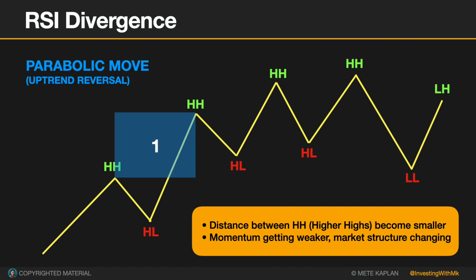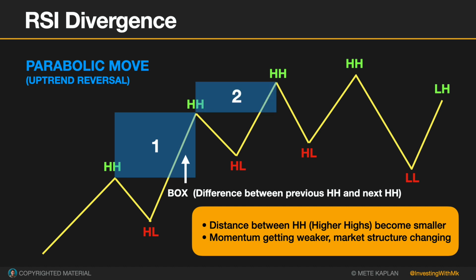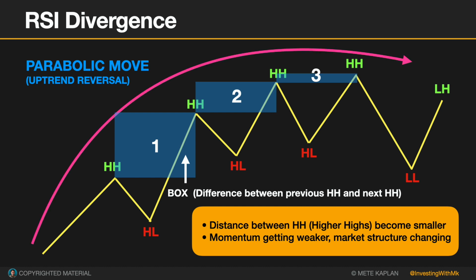This is what I call boxes. A box is a difference between the current higher high and the previous higher high in an uptrend, or current lower low and the previous lower low in a downtrend.